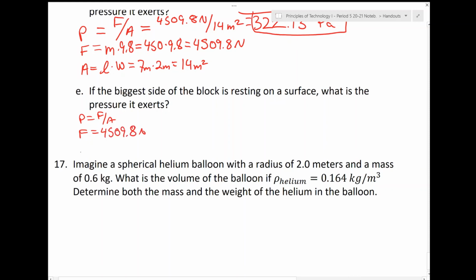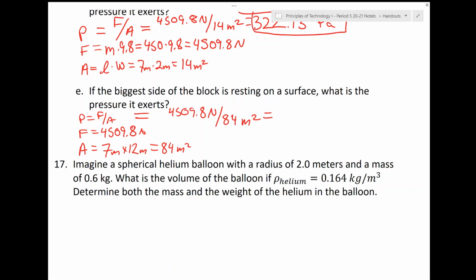This is the area of the big side, so it is going to be the 7 meter by 12 meter side, which is going to be 84 square meters. The force is 4,509.8 newtons divided by 84 square meters, which is 53.69 pascals.